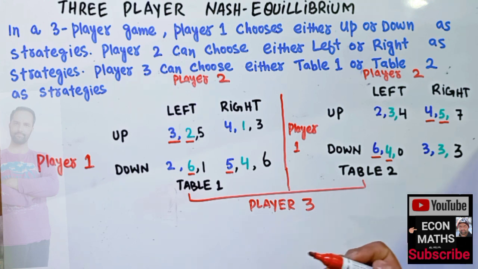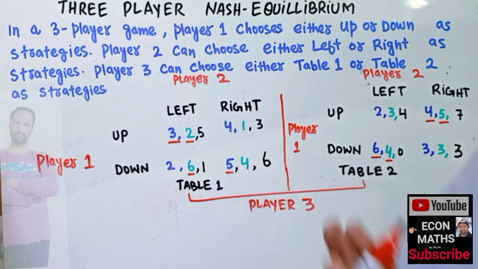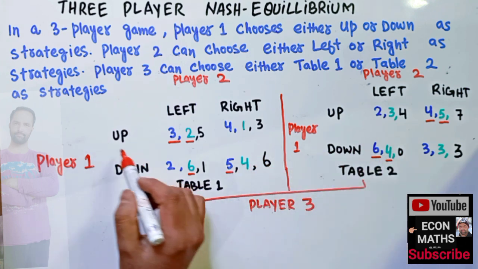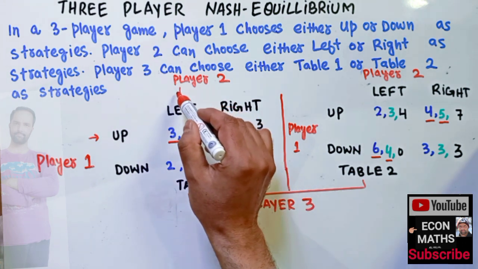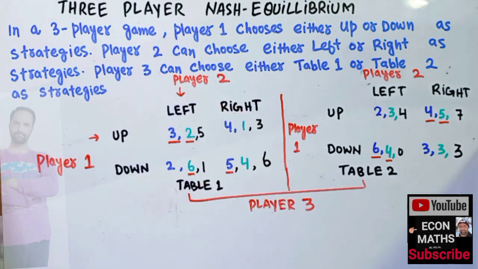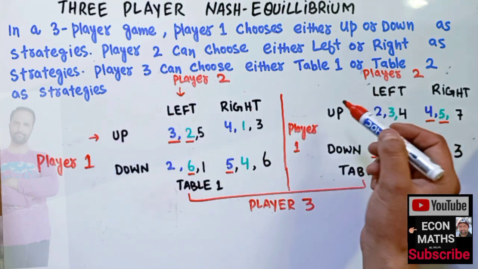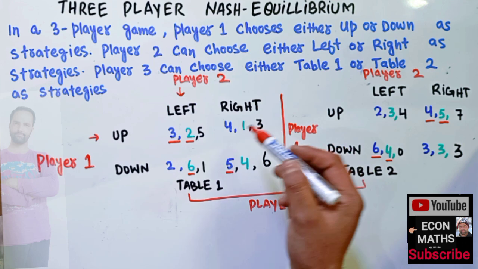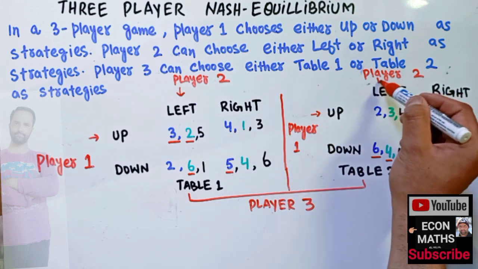So let's suppose, we need to find out which table will player 3 choose. Let us suppose player 1 chooses up, player 2 chooses left. Obviously he has to compare table 1 and table 2. So here again in table 2, player 1 chooses up, player 2 chooses left.